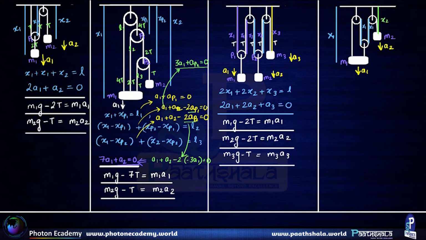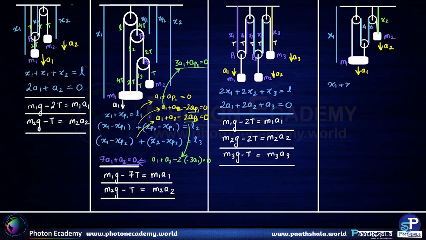So basically, in order to write down the length of the string, you can see that this is x1, x1, x1, and the final part is x2. So we have to write down x1 plus x1 plus x1 plus x2 is equal to the length of the string.